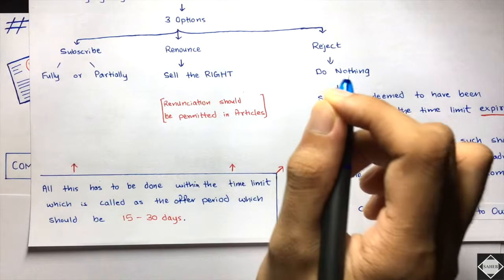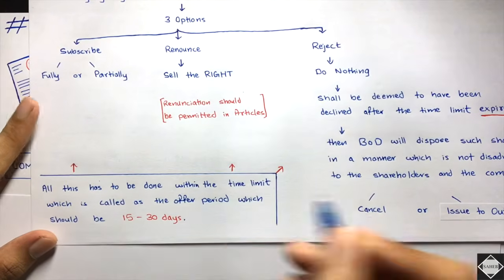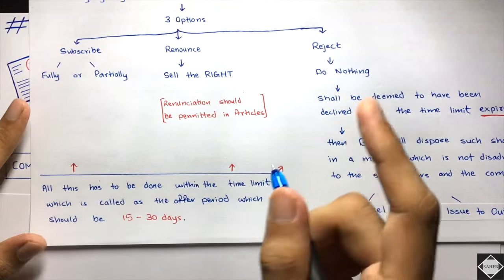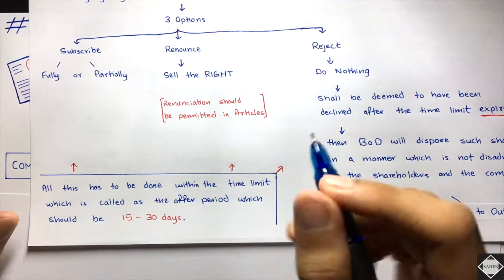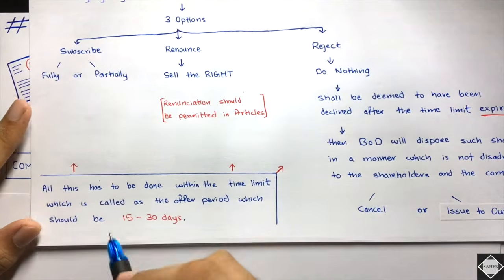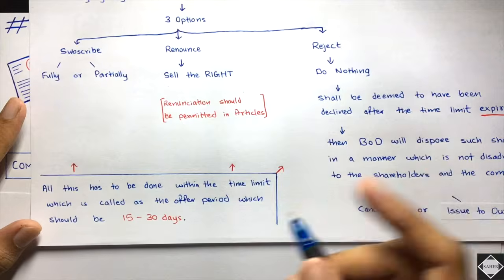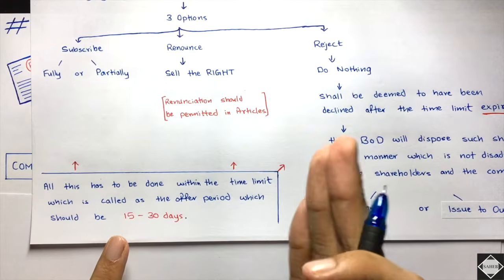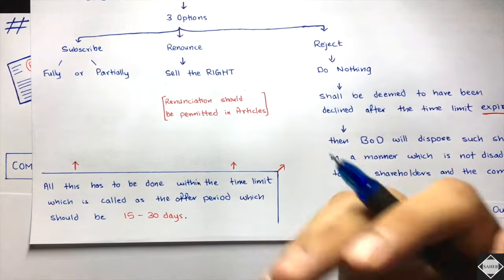The Companies Act says minimum 15 days, maximum 30 days. A company has to decide on its own what the time limit will be. They can say 15 days, they can take 30 days, but they cannot take 7 days, 10 days, 35 days, or 45 days. It has to be within this limit, 15 to 30. It could be 17, 25, 23.